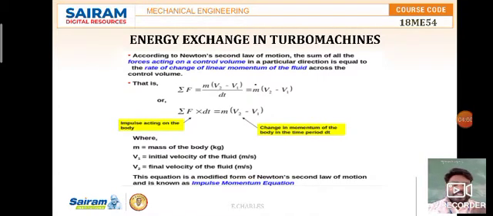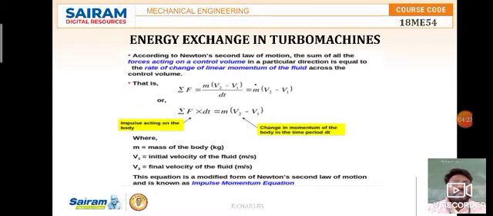Here m dot is the mass flow rate, how much mass is flowing through the jet of vanes and hitting the turbine blades. And v2 minus v1, the final velocity minus the initial velocity, multiplied by the mass flow rate, gives the change in momentum of the body in the time period dt.